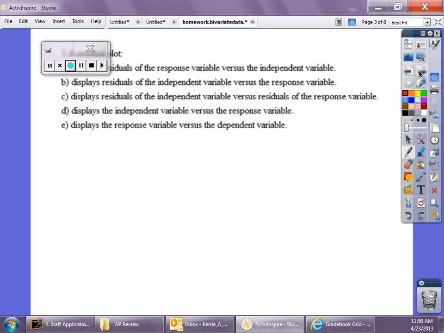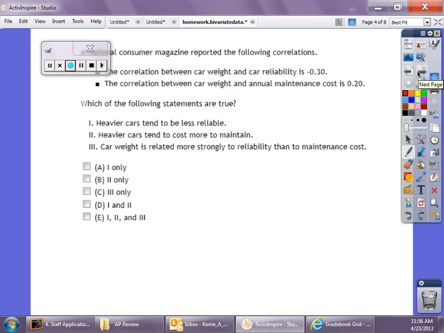Okay. The next question is about car weights. The correlation between car weight and car reliability is negative 0.30, and the correlation between car weight and annual maintenance is 0.20. Two things that I want you to remember. You need to pay attention to the sign. You need to pay attention to the number itself.